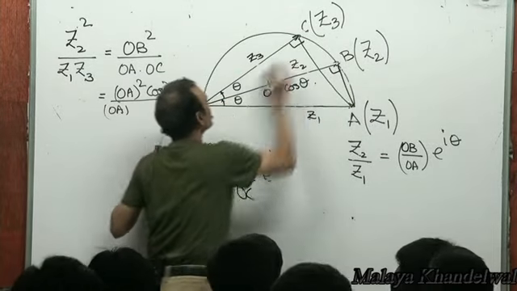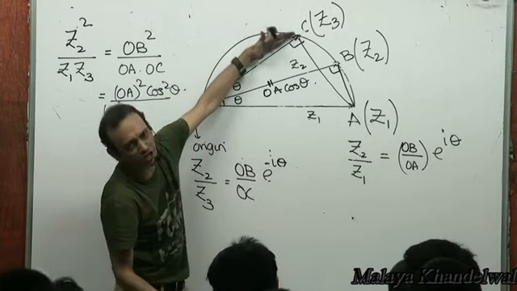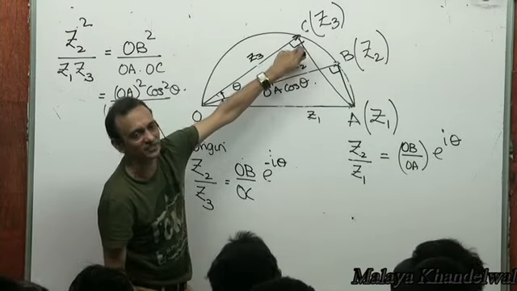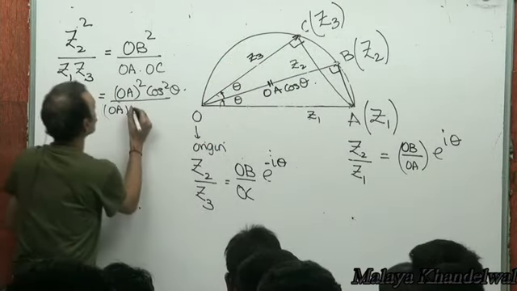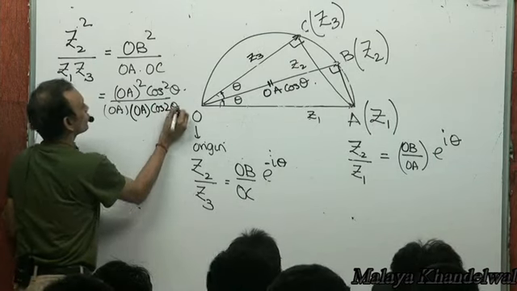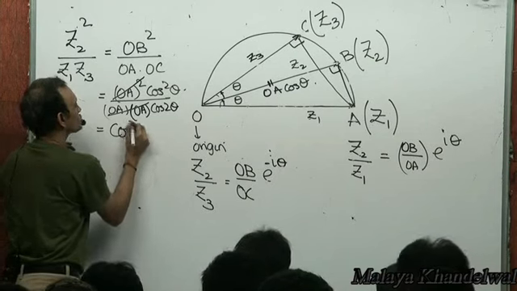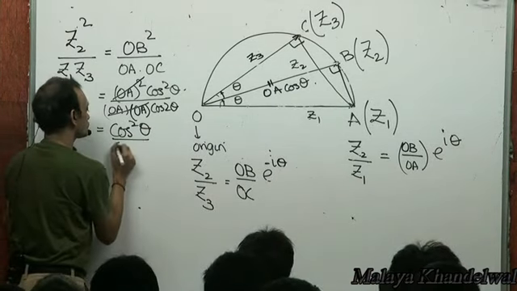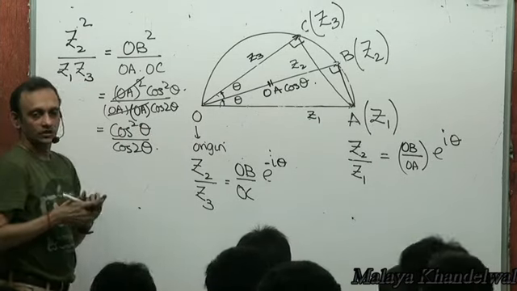Again this is 90 degrees and this is 2 theta. So OC would be OA cos 2 theta because this is 90 degrees once again. OC would be OA cos 2 theta. Which is like cos square theta by cos 2 theta. Yes or no?